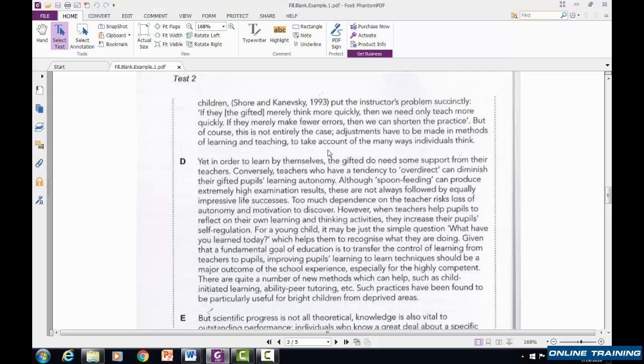All right, so here we have an example of a combination. When I say combination, I'm talking about we're starting right here, where we see "conversely" and the word teachers. I'm going to start there, but we also have this next sentence right here where it says extremely high examination results.